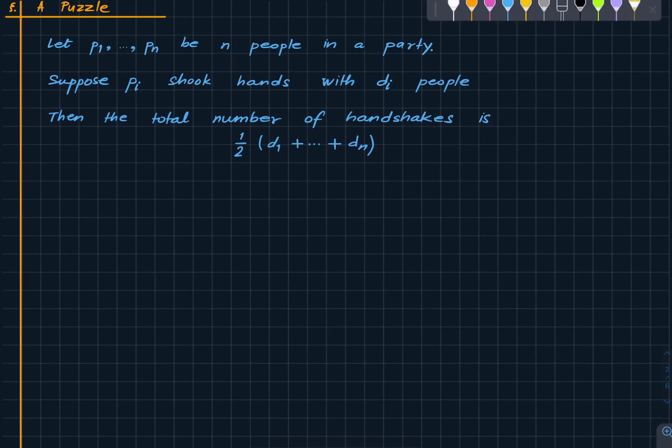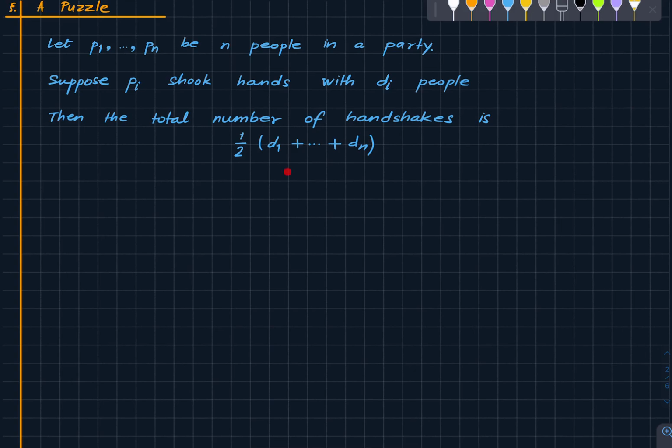So then, what is the total number of handshakes? Given two people, how many handshakes happened? What is the total number of pairs of people who shook hands, if you want to phrase it that way?